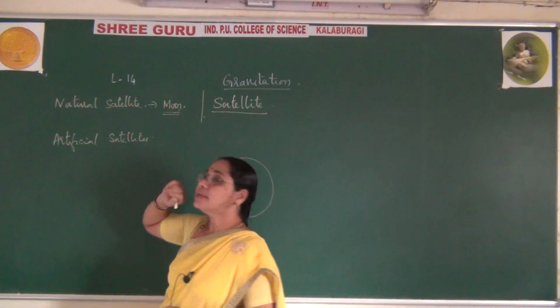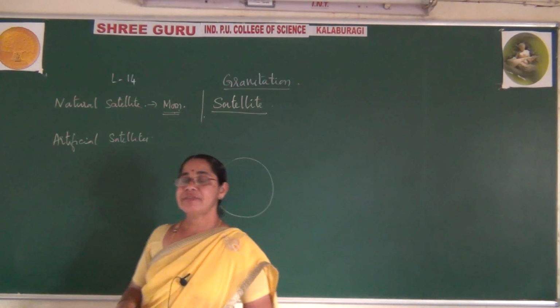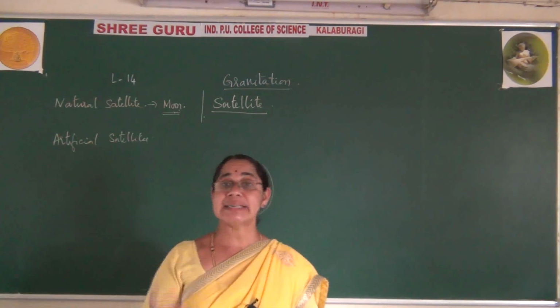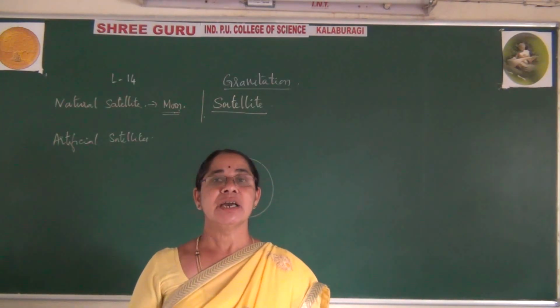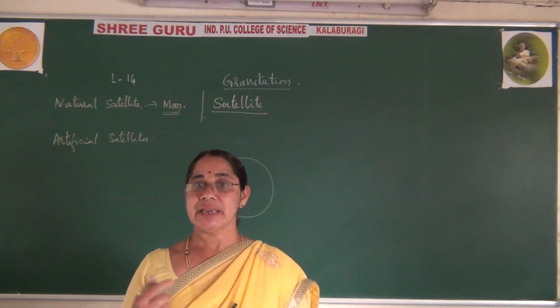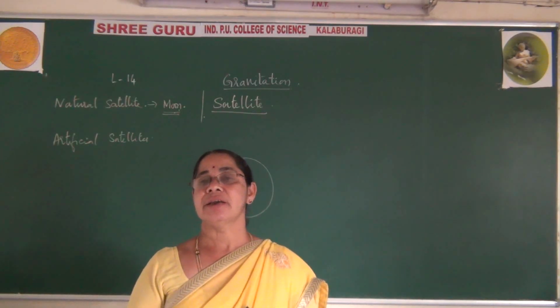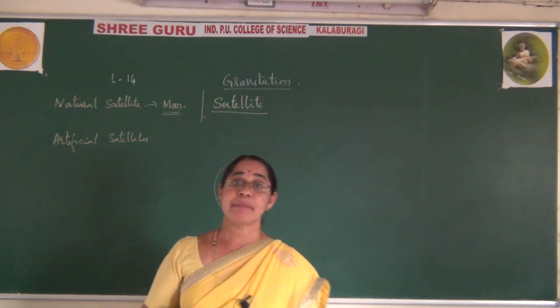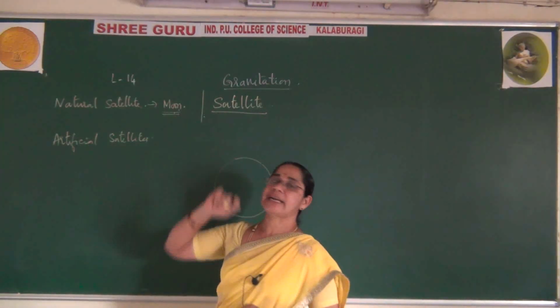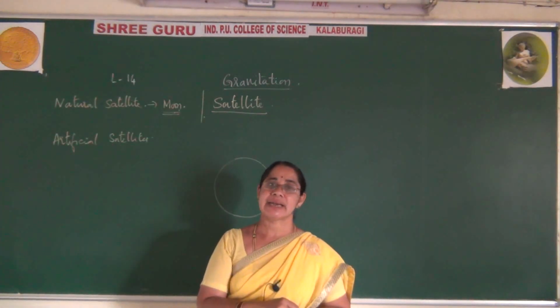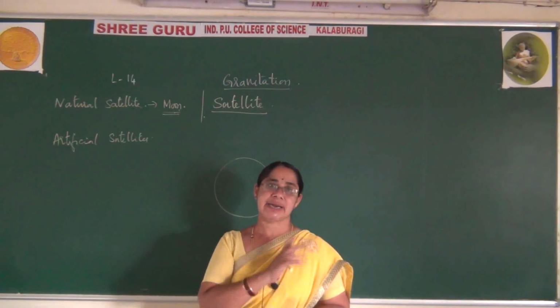What do you mean by artificial satellites? Artificial satellites means man-made satellites. Man will prepare satellites for different conditions, for different requirements, and these man-made satellites are called artificial satellites.